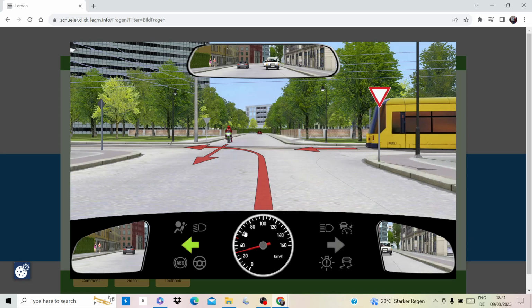So it means here my right of way, I am on this lane or this part of the road, and I see this, it means my right of way is limited to the vehicles that are on the right and also on the left.